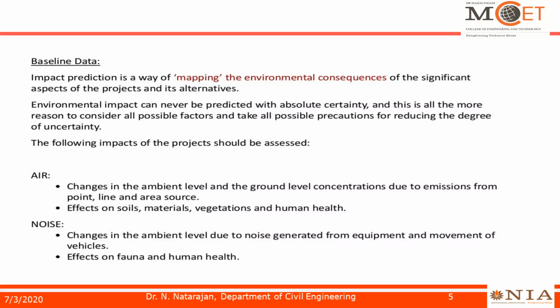So the effect of all these things on the soil, material, vegetation, human health, all these things have to be seen, right? And when you take an example of noise, the changes in the ambient level due to the noise that is generated from particular equipment or movement of vehicles, effect of these things on the fauna and human health, right?